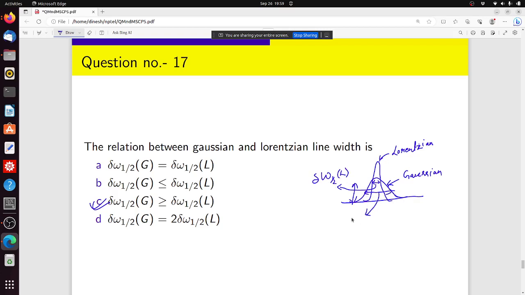This is the line width for the Gaussian. So you can clearly see the Gaussian line width will always be greater than or equal to the Lorentzian line width. Equal means in some cases when there is no external factor involved, it can be equal, otherwise it will always be greater than the Lorentzian line width. Okay, good.